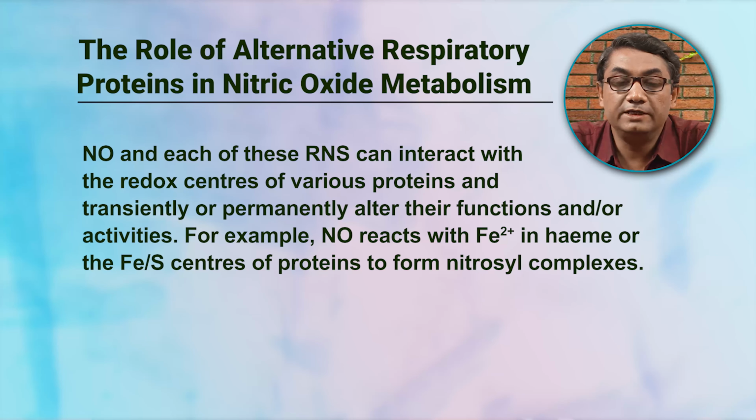NO and each of these RNS can interact with the redox centers of various proteins and transiently or permanently alter their functions and/or activities. For example, NO reacts with Fe2+ in heme or the iron-sulfur centers of proteins to form nitrosyl complexes.